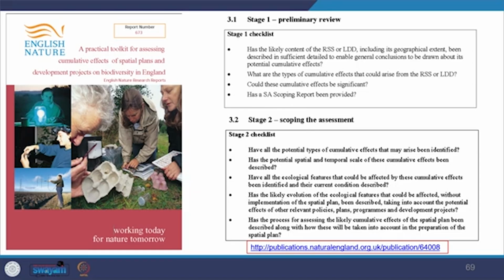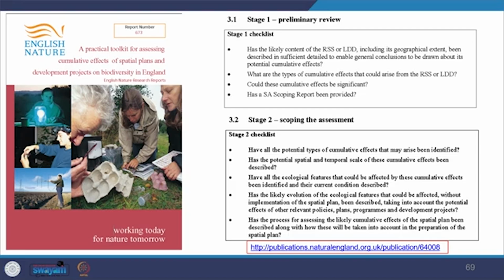Likewise, in the stage 2 scoping assessments, you look at whether all the potential types of cumulative effects have been identified or not, whether spatial and temporal scales have been addressed or not, whether ecological features have been addressed or not. All that has to be seen, and how the evolution of ecological features has been considered. And then you also need to see the process for assessing the likely cumulative effects. So what process you're going to adopt, all of that needs to be decided here.